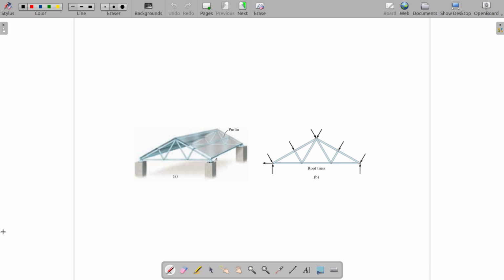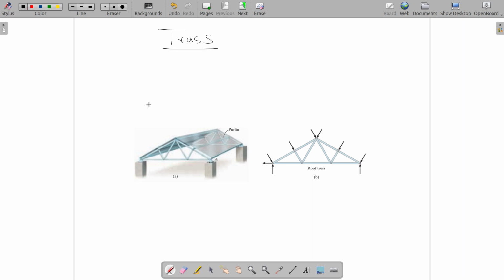Now in today's class we are going to start the second module, and the first topic that we are going to deal with is called truss.